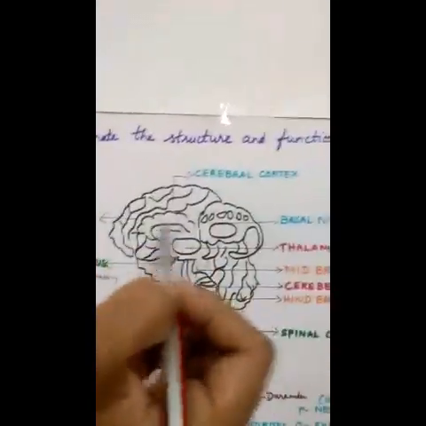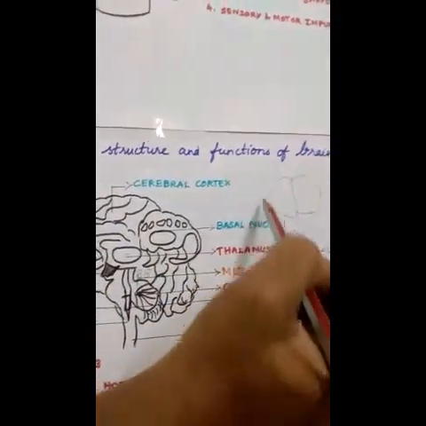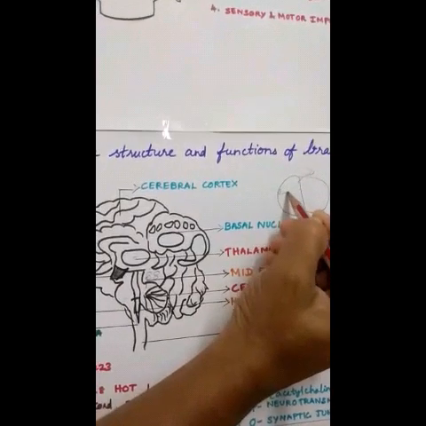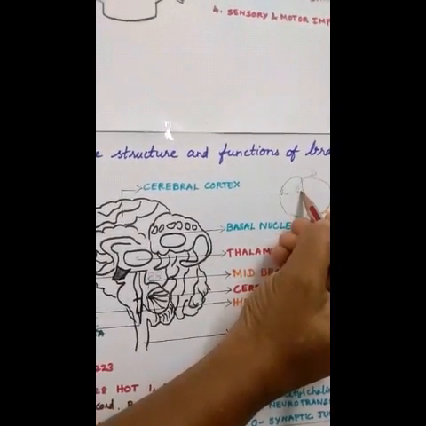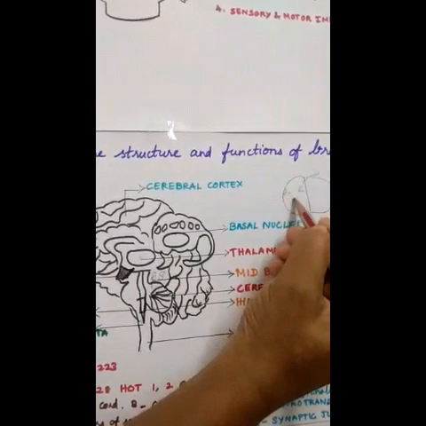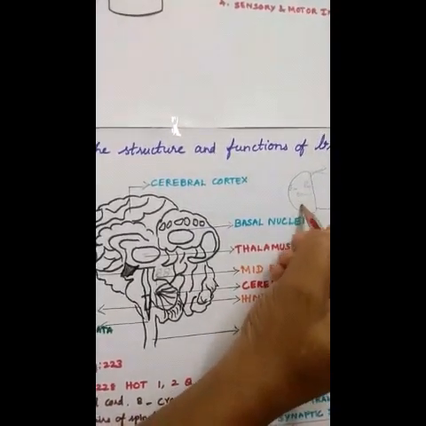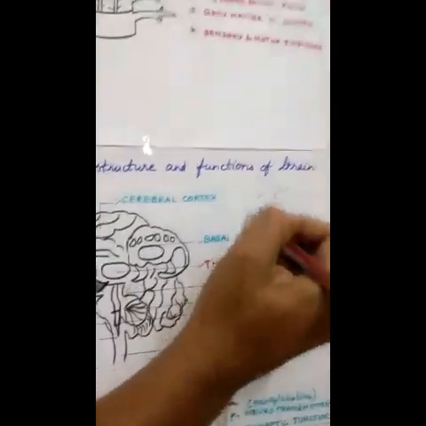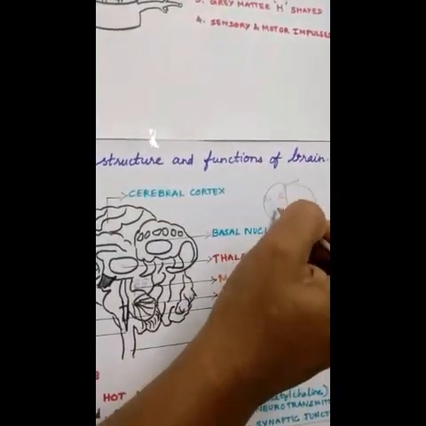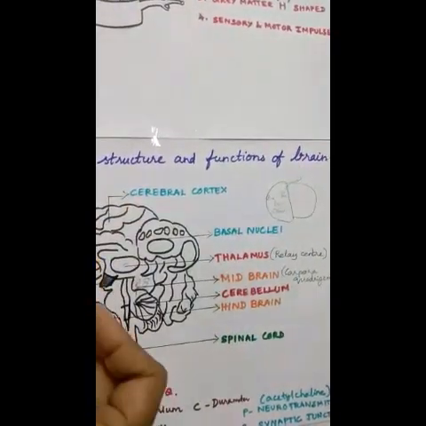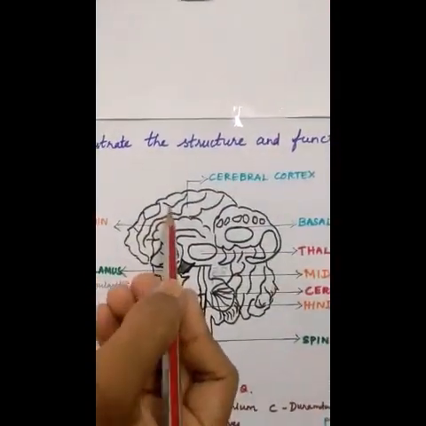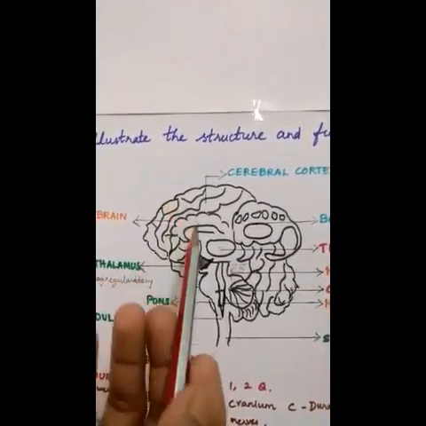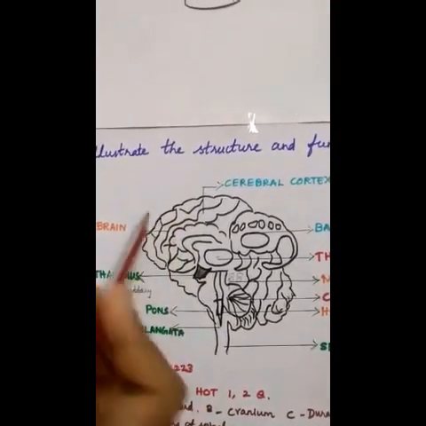Each hemisphere of the cerebrum is divided into 4 lobes: frontal lobe, parietal lobe, temporal lobe, and occipital lobe. These 4 lobes are also known as cerebral lobes. The main function of the cerebrum is thinking, intelligence, reasoning, willpower, etc.